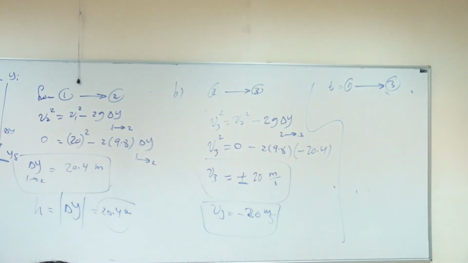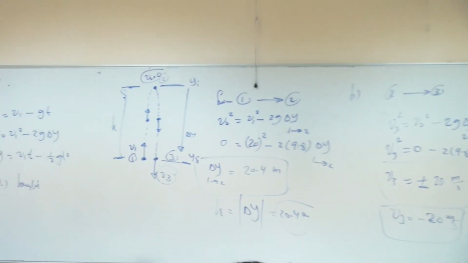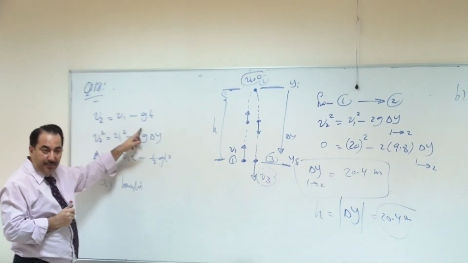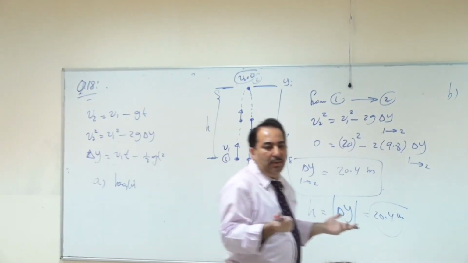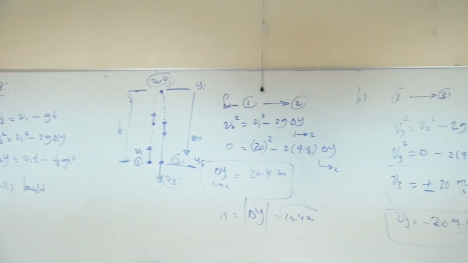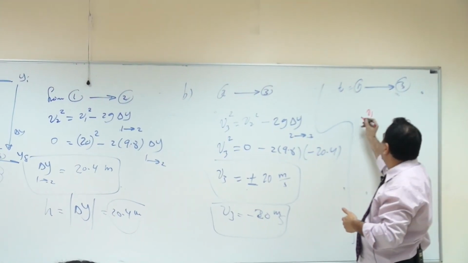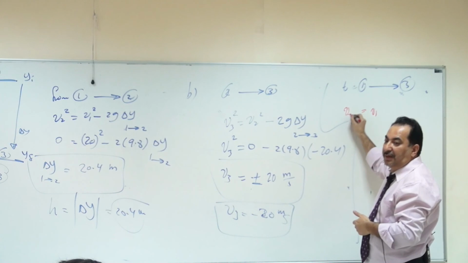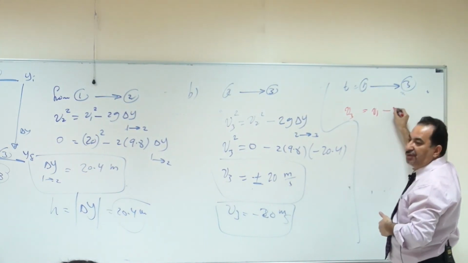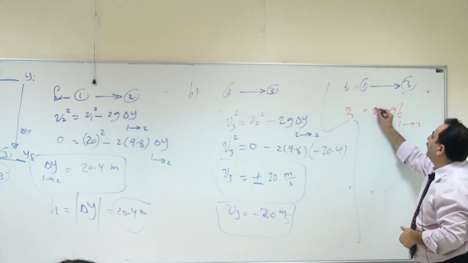What's the time from 1 to 3? Which equation? This has time. This has time. Okay. First one? First one between 1 and 3. Look, I'll follow her. So V1 is okay, yes? But V3 becomes V1 minus GT from 1 to 3. Do you know V1?